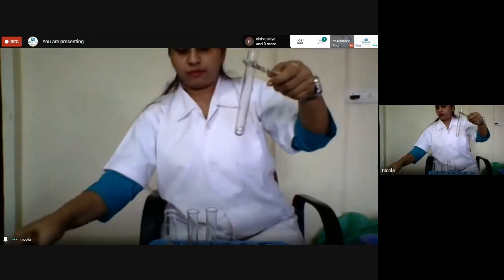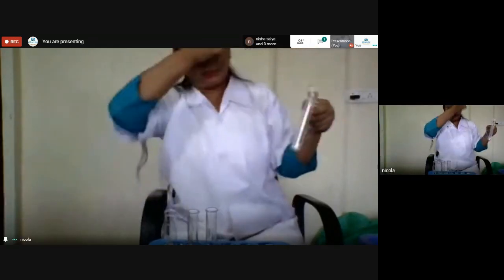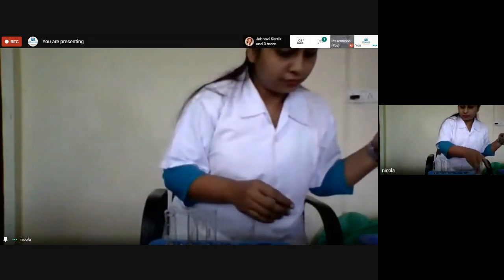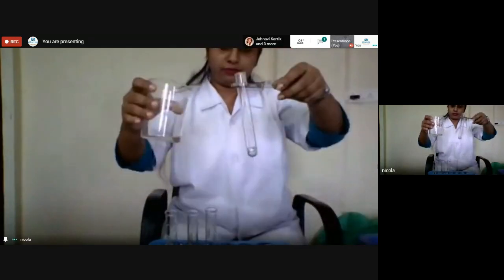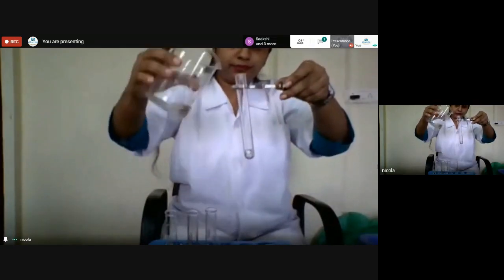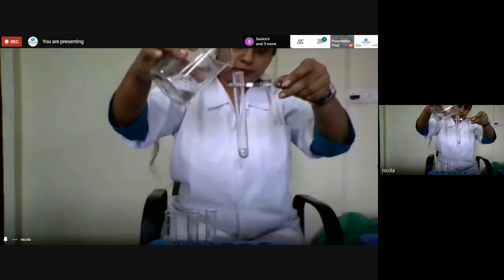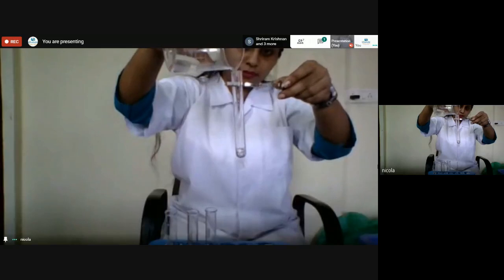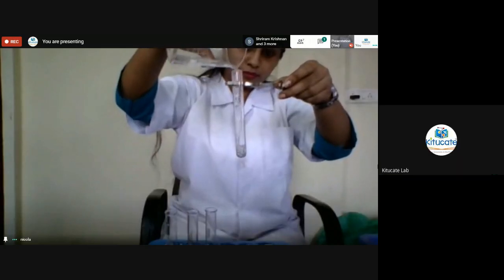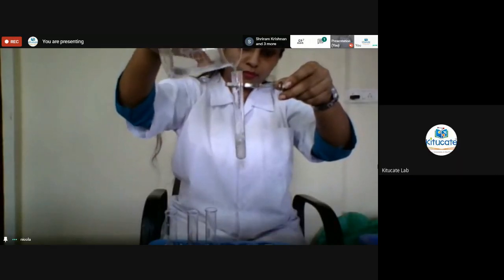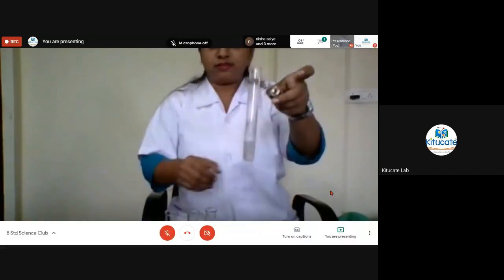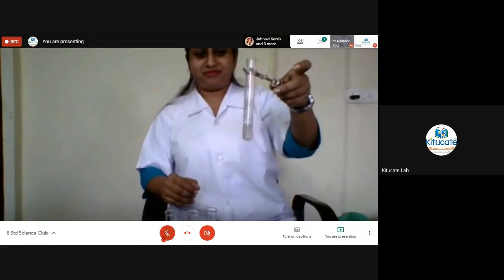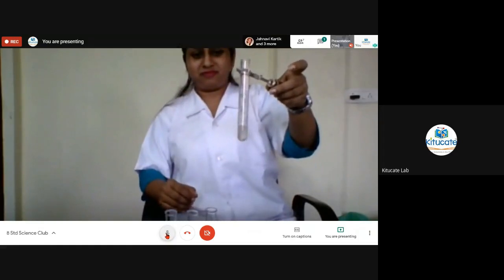Now we'll add sodium hydroxide. Can you all see the gas bubbles formed?